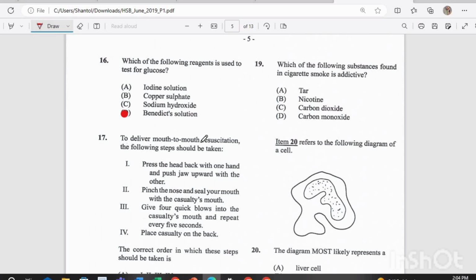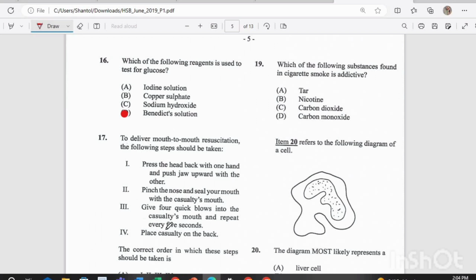17. To deliver mouth-to-mouth resuscitation, the following steps should be taken. 1. Press the head back with one hand and push the jaw upward with the other. 2. Pinch the nose and seal your mouth with the casualty's mouth. 3. Give 4 quick blows into the casualty's mouth and repeat every 5 seconds.